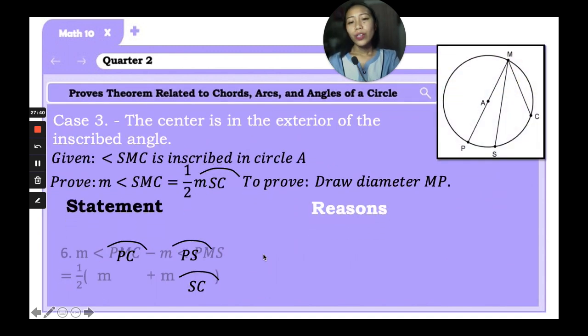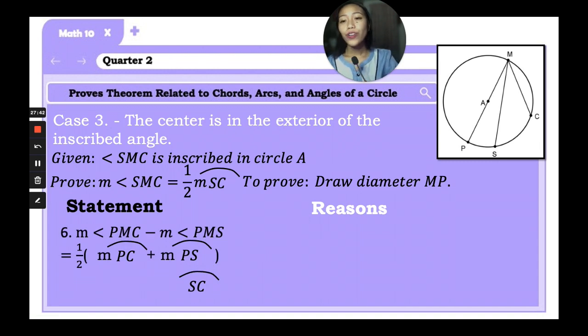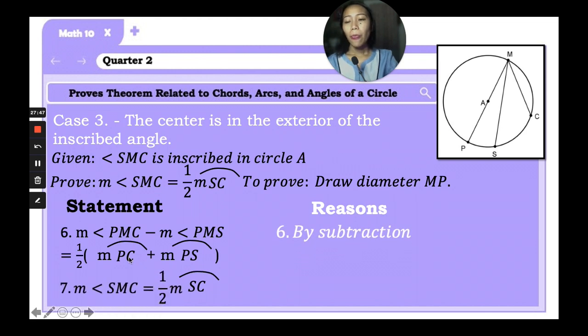For the continuation of proving our case 3, this is our statement. The measure of angle PMC, if you will try to see, this is PMC. If we take the measure of angle PMS, then we can have this angle. That is half the measure of the difference of the arcs PC and PS.